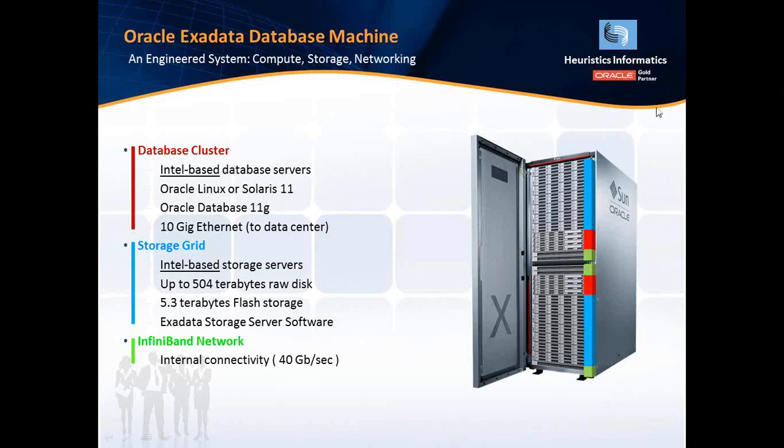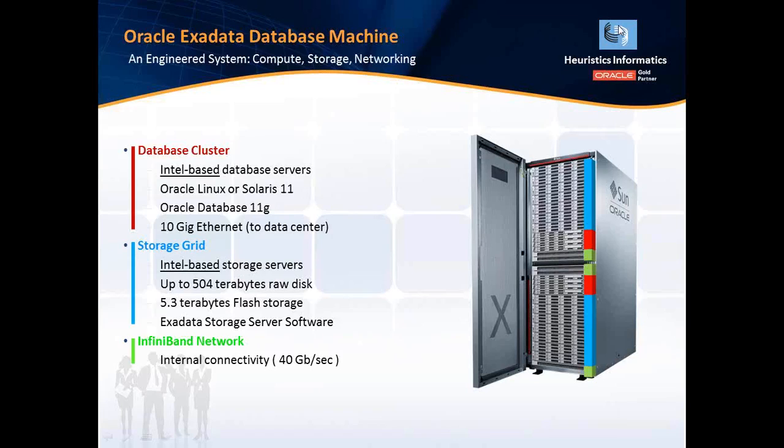So as you can see, we've got the database cluster, which is the first piece, running Intel-based servers on Linux or Solaris and running database 11G or 12C now. You've got the Ethernet fabric, which is a 10 gig Ethernet fabric that you can use to access the Exadata from other servers or from your client machines.